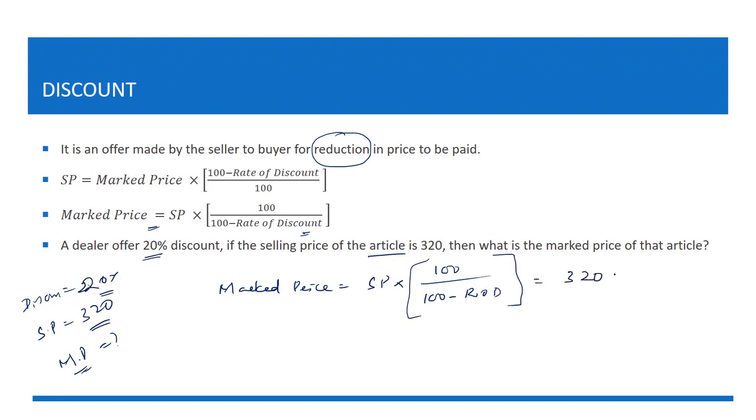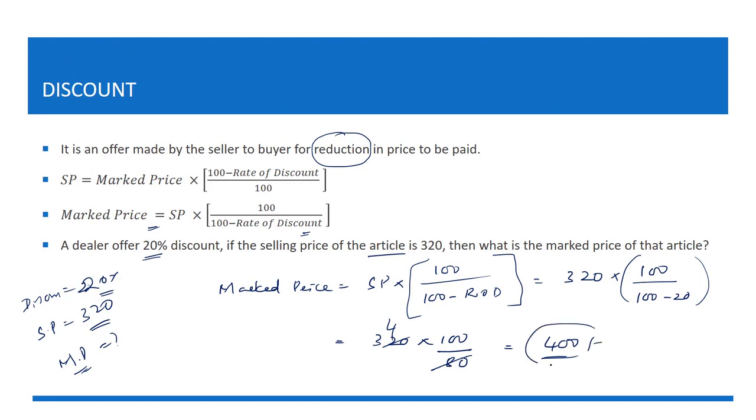It is 320 into 100, divided by (100 minus 20). Correct. Which is going to become 320 into 100, divided by 80. Right. Now 80 fives are 400 rupees. The mark price here is 400. If it offers 20% discount, the selling price will become 320 rupees.